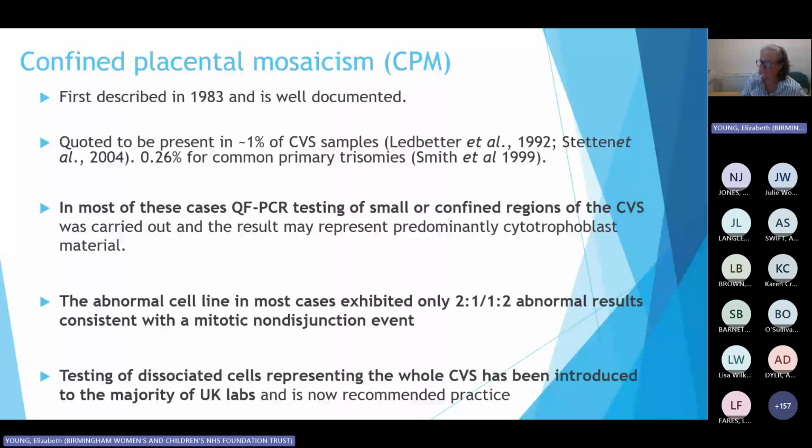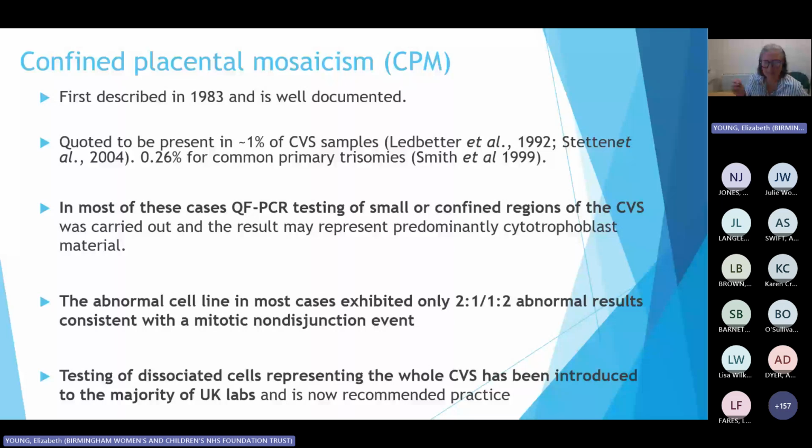In most of the cases that have been tested historically, where the QF PCR was false because it was a CPM, it is because testing of a really small region of the CVS has been carried out, and the majority of the material they were testing was these cytotrophoblasts that I showed you on the previous slide.